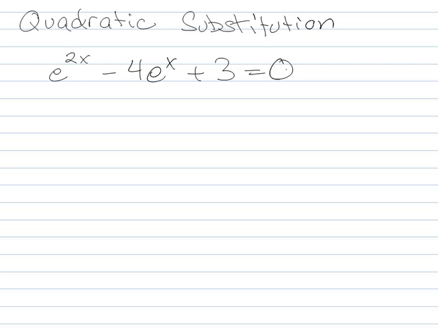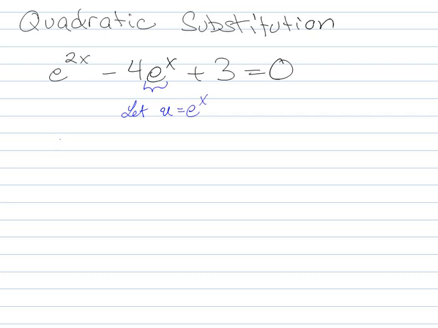And, you know, we can't really solve it with any of the tools that we have in our belt right now. But what we'd like you to be able to do, and this is the idea of quadratic substitution, is take a look at this and say, well, this really does look kind of familiar. So I'm going to take this middle term here, and I'm going to let u equal e to the x.